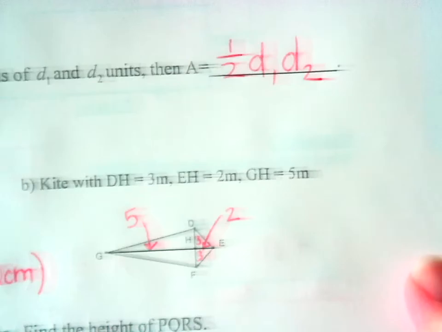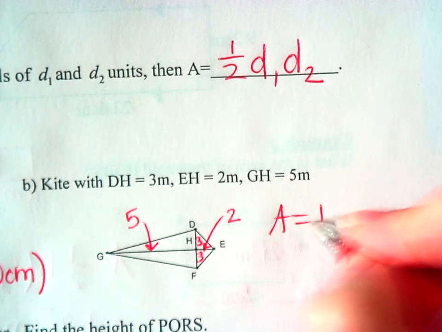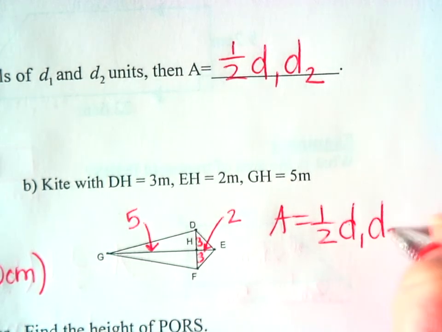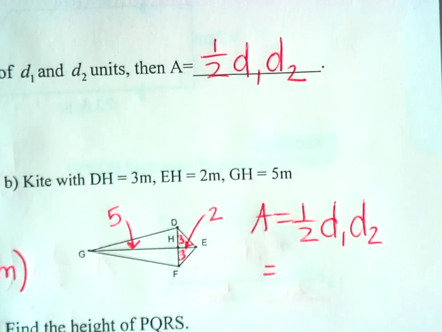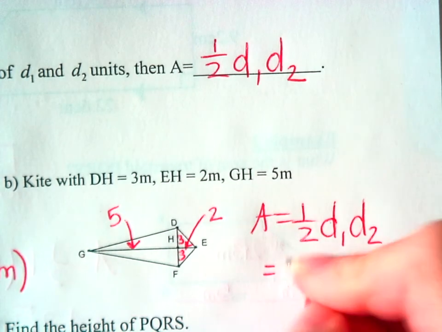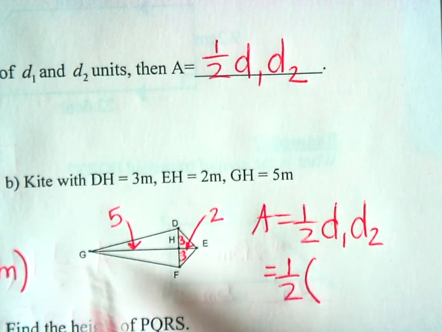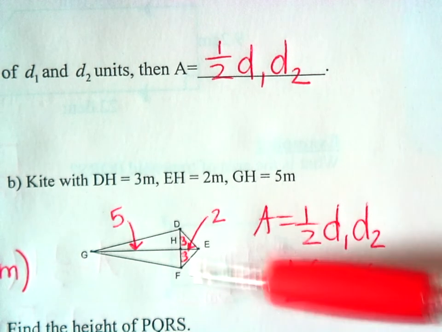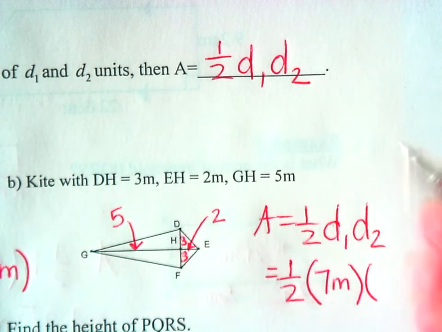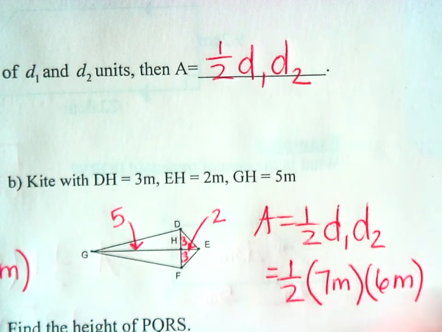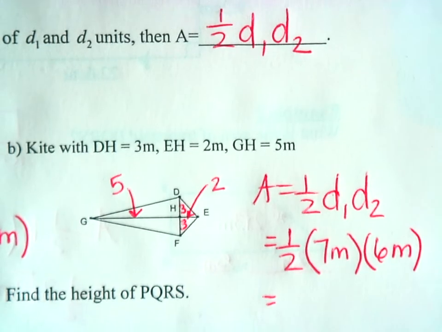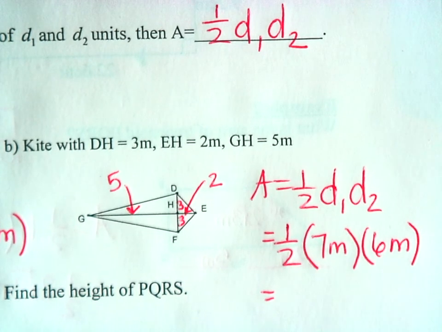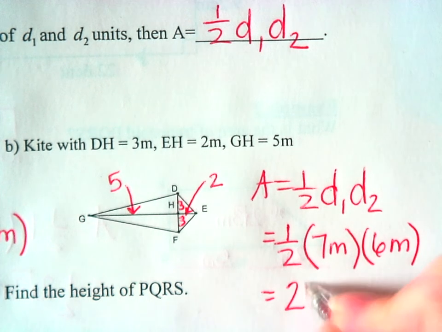Okay, so then we'll do area equals 1/2 D1, D2. Okay, so one of our diagonals is 7 meters. And the other diagonal is 3 plus 3, or 6 meters. And when you multiply those 3 numbers together, you're going to end up with 21 meters squared.